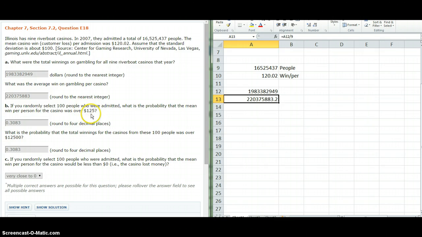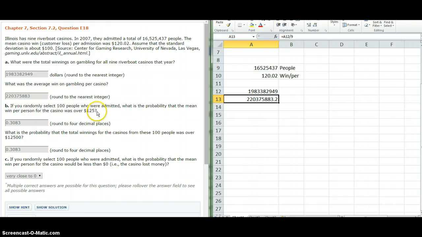In other words, 125 minus 120 divided by the standard deviation, and then we could look that up on table A or use a calculator or Excel to find the cumulative standard normal distribution.